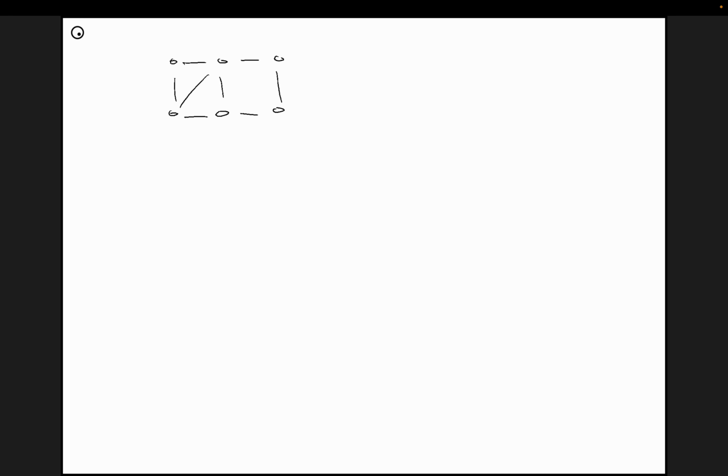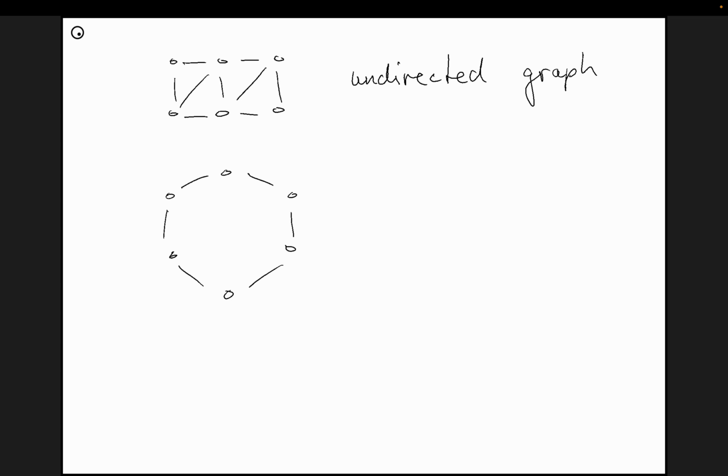We can maybe also connect those two vertices. This is an undirected graph, and this one is also undirected, but how do we draw directed graphs, or what are directed graphs?